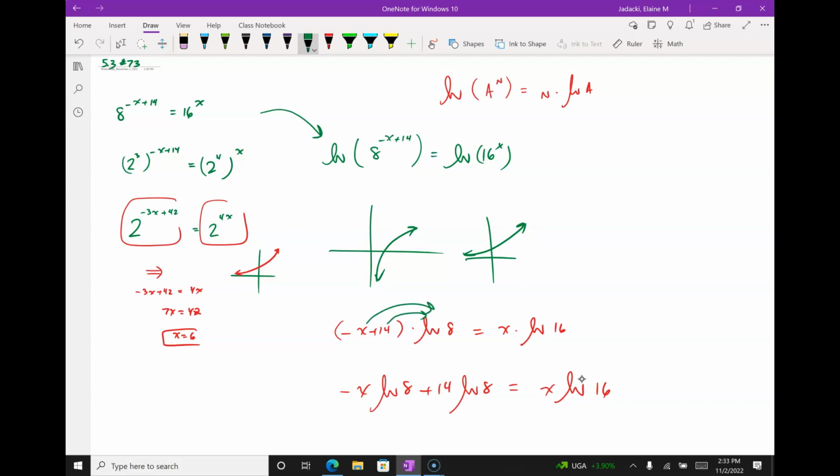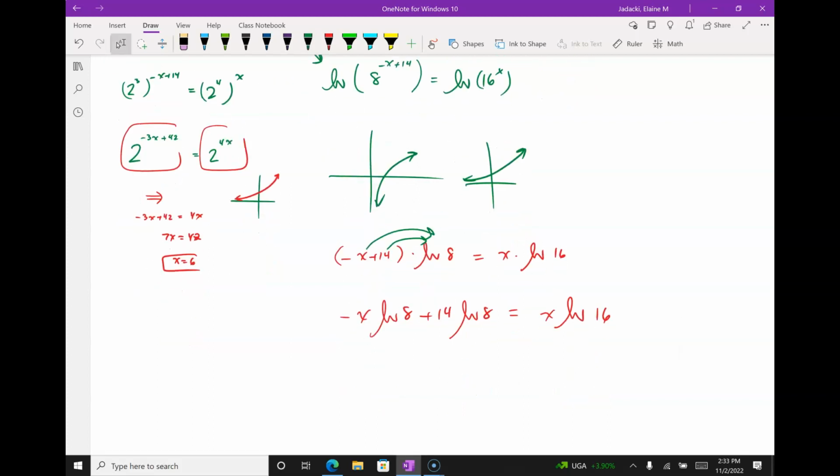I'd like to move all of my x terms to one side, minimizing the number of negatives. So should I move something left or move something right? So I'm going to have 14 ln of 8 equals x ln of 16 plus x ln of 8.